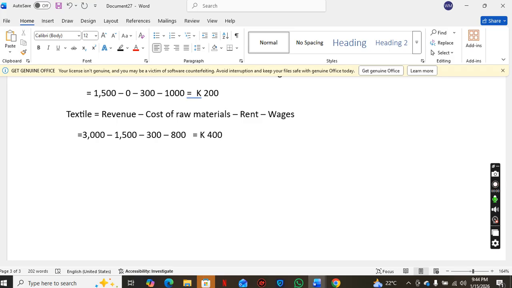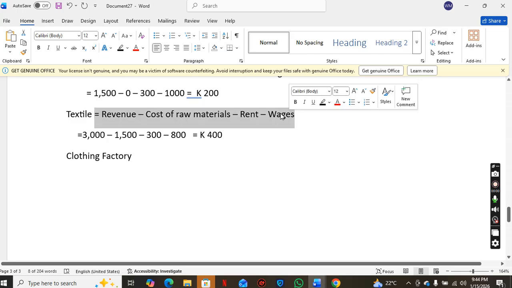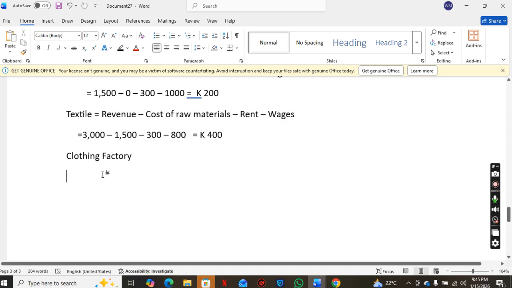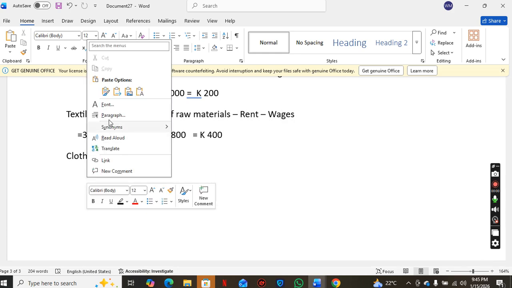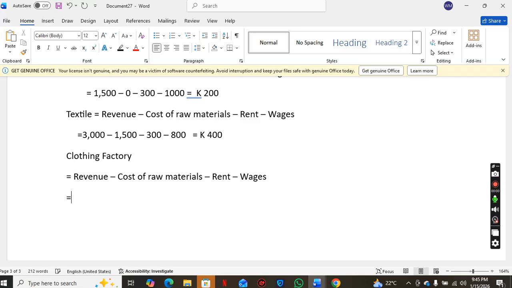In the clothing factory, the revenue they made was 5,000. Cost of raw materials, they bought the fabric from the textile industry, so 3,000.